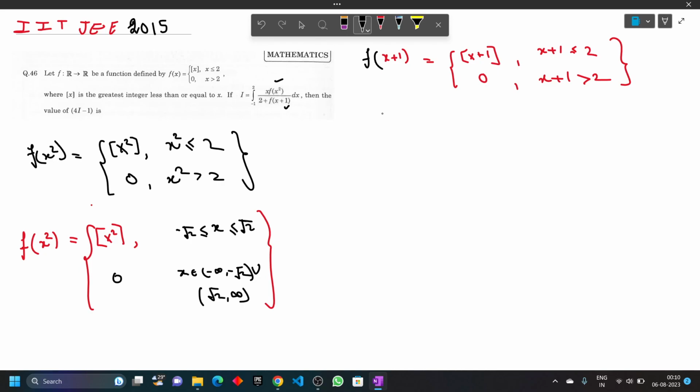Similarly, f of x plus 1, using the properties, is the greatest integer of x plus 1 when x is less than 1, taking 1 to this side, and 0 if x is greater than 1.